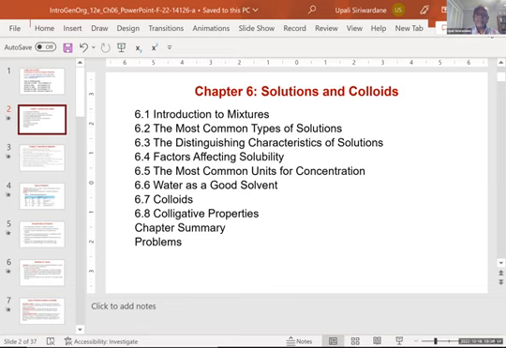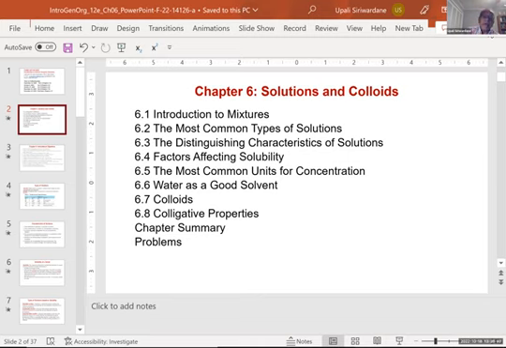We're going to look into factors that allow two or more components to form a homogeneous mixture. The most common concentration units are discussed in section 6.5. Concentration is the relative amount of one component in the mixture. We're going to look into this.